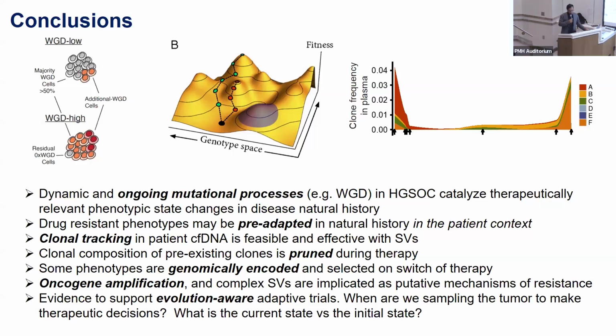To the extent that there's phenotypic plasticity as an adaptation to therapy, we're still working on that, but at least we're consistent. This is consistent with the idea that the clones already pre-exist, and so if we could find them and detect them, we might be able to implement combination therapies or bring combinations earlier.